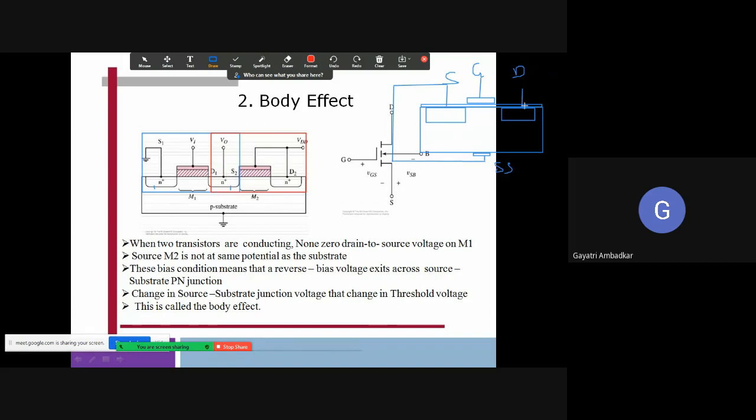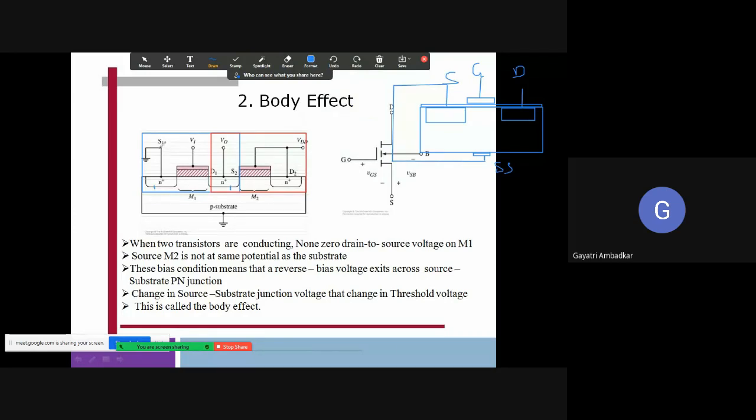Now, when we see a single MOSFET, we used to connect the source with the substrate, the body. So if I connect this source with the substrate, they are at ground potential. Remember, try to understand my point. We are connecting the source of the first MOSFET to the substrate. This is how we are going to connect.